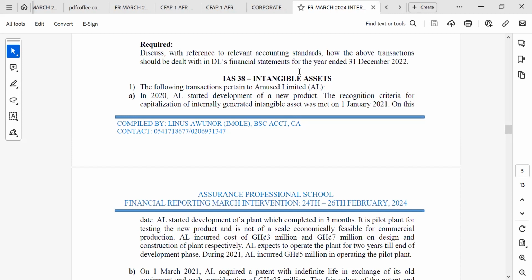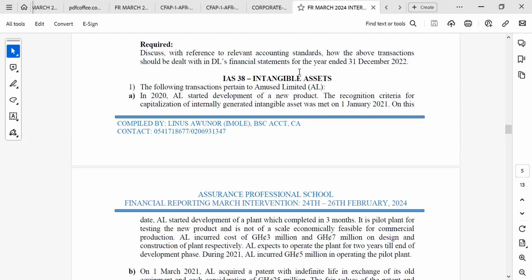But the cost that we are going to be spending on advertisement, although you do the advert for a product, the advert is going to give economic benefit to the entity over time, because if you do the advert, people will now be aware of the product.